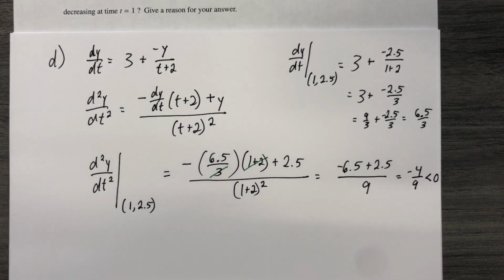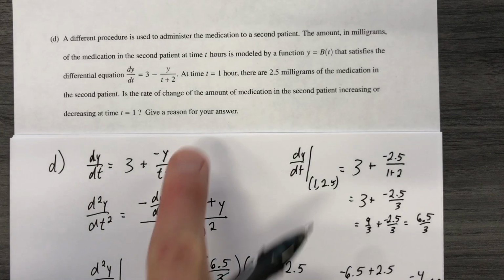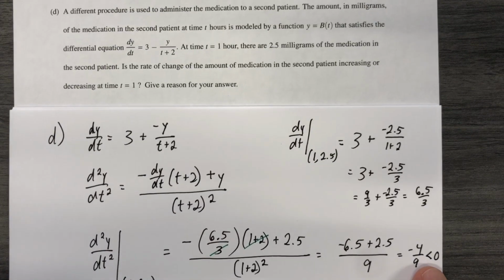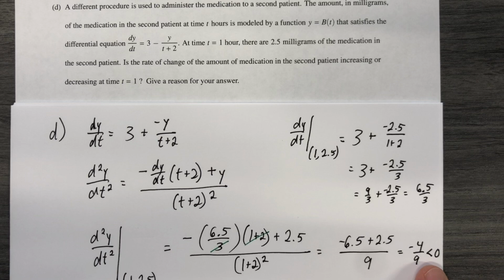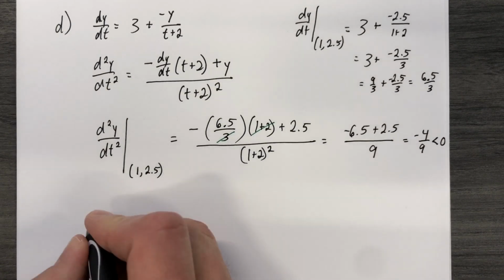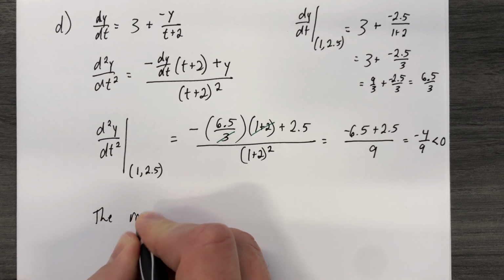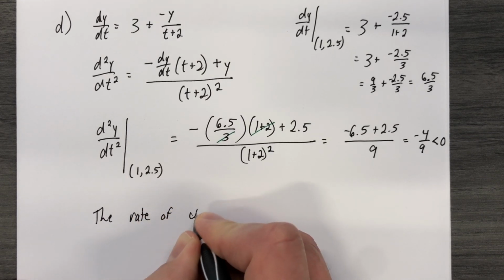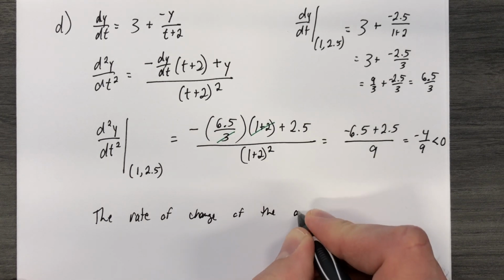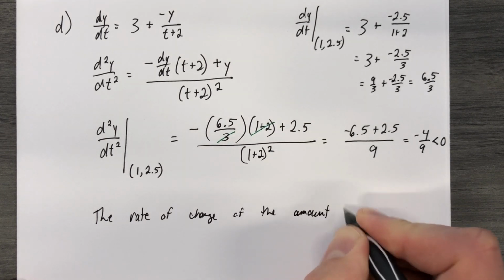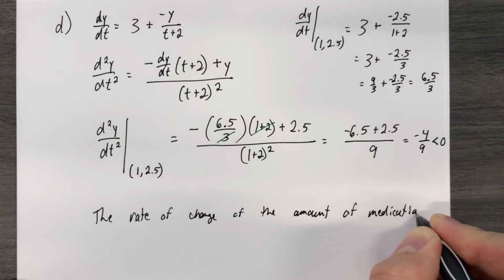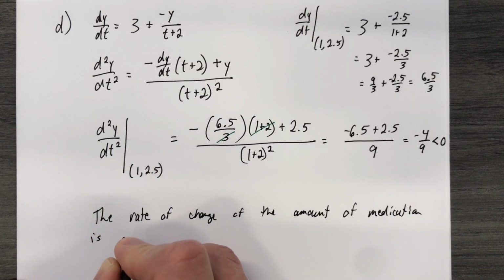And so let's answer the question. And I have to give a reason for my answer. So is the rate of change increasing or decreasing? Decreasing, because the second derivative is negative. And let's keep going. The rate of change of the amount of medication is decreasing.